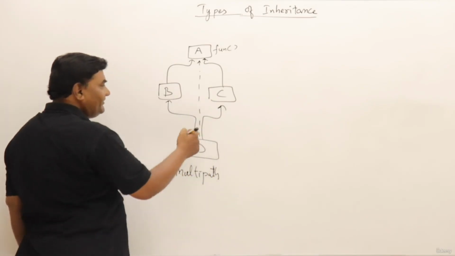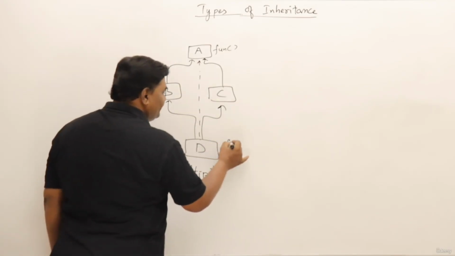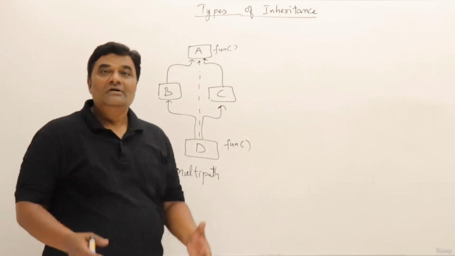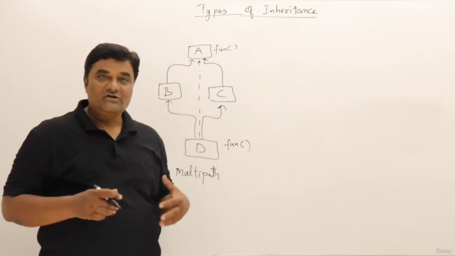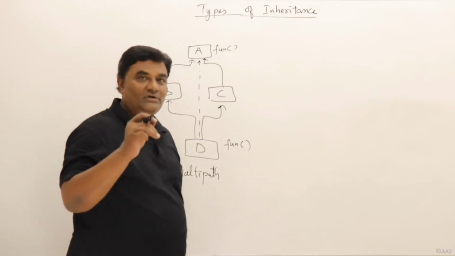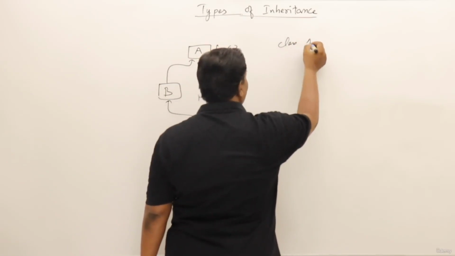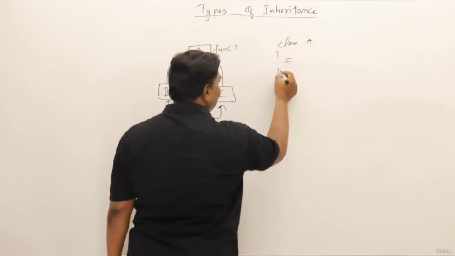So here we get the ambiguity of whether the function fun should be called via B or via C. To remove this ambiguity, we have the concept of virtual base classes. I'll show you how this is removed. We have a class called A, with something inside.